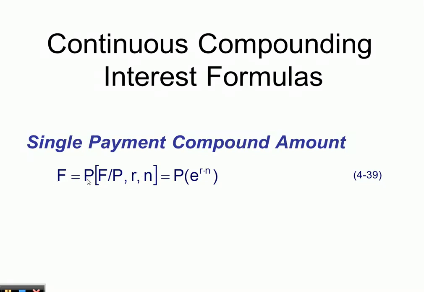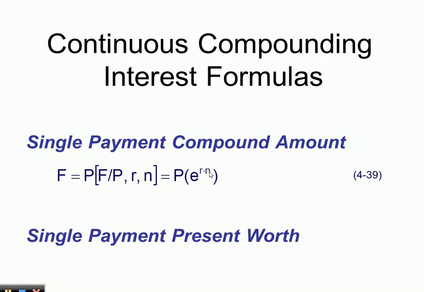So F given P: we can find F, the future sum of money, from the present sum of money by multiplying it by this continuous compounding factor. When you see r, it must be continuous compounding, and this factor is e to the rn.